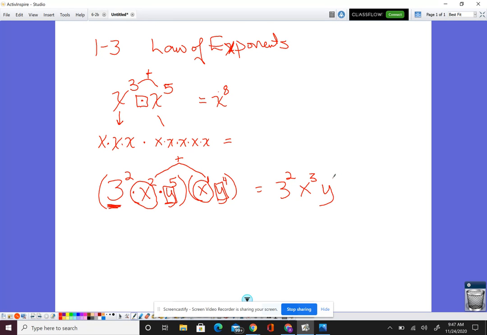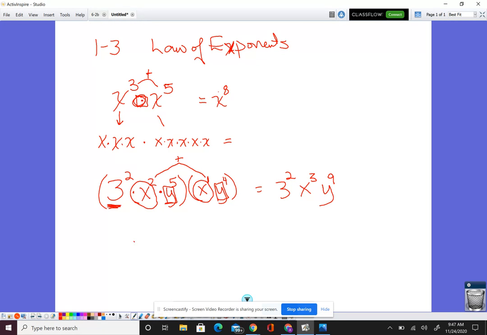So when we add them together, we get the power of 9. So you take each individual base, you're looking for bases that are the same. So when we multiply, we add the exponents.